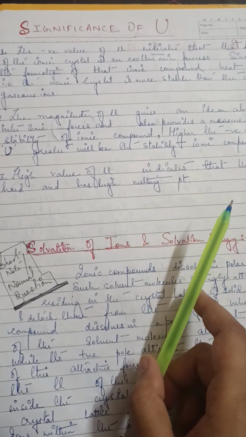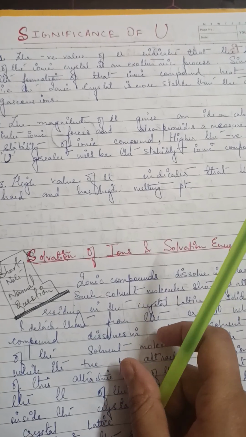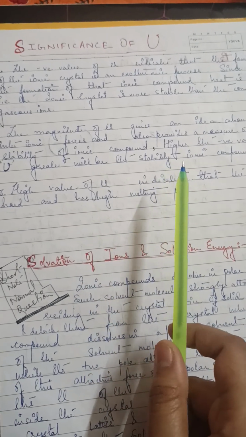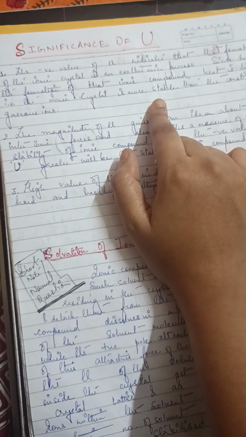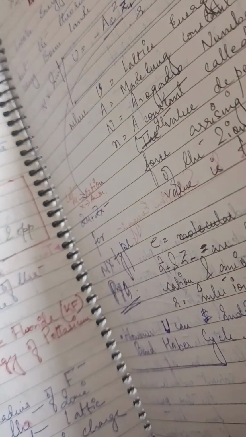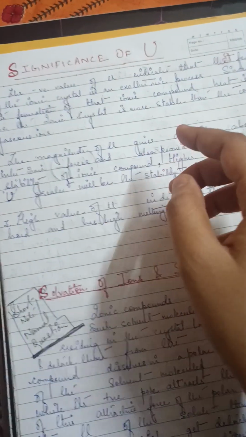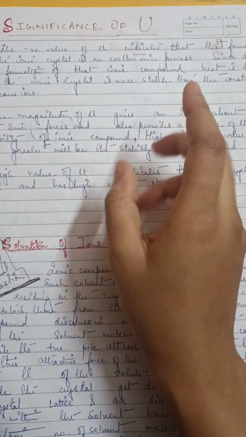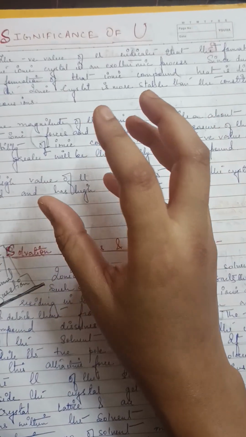So in the equation you have the negative sign, and this negative sign indicates that the formation of an ionic crystal is an exothermic process. Since heat is liberated during the formation, the ionic crystal which is getting formed is obviously more stable than the ions.